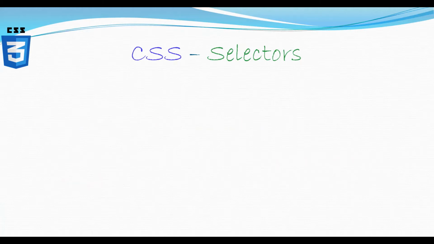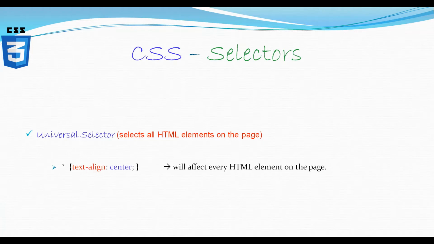And moving along, our third and last selector would be the universal selector. This universal selector is something that applies to your entire body of HTML. For example, in some cases you want the whole body of your HTML to start from the left to the right or right to the left, or you want them to be centered in that document, or to the left or to the right, that's where you would use the universal selector.